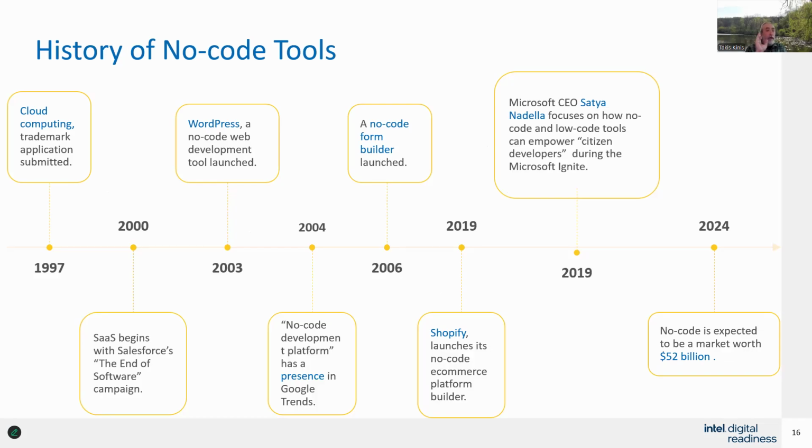So the concept of cloud computing came out in 1997. That was where we were launching applications out on the internet and people could just connect to them, right? And also store their files out there. That was kind of happening by the late 90s. Salesforce back in 2000 had their thing called the end of software.